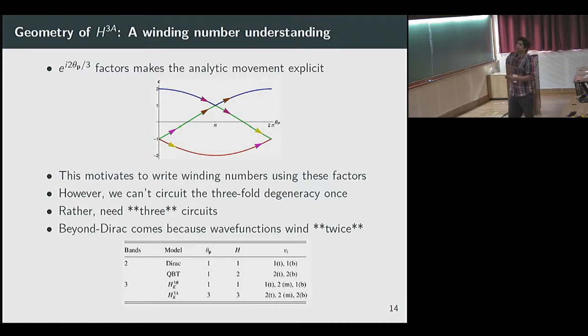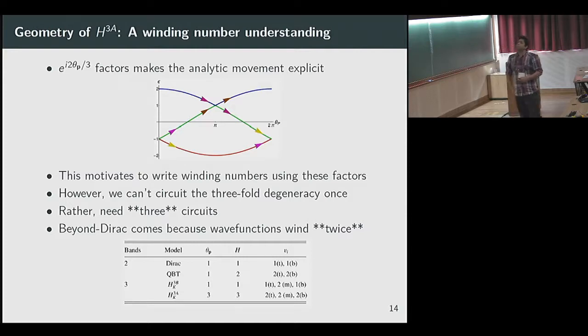If I start here, to come back to itself in the eigensystem space, I have the same eigenenergies and the same wave functions. If I start here, I'll encounter the degeneracy, and then I'll cross over to the other band. Then I'll come here, I'll encounter the other degeneracy, then I'll cross over to the third band, and then I'll go here, and then finally I'll arrive here. So I have to do it 3 times to analytically move in this eigensystem to come back to the same starting point.